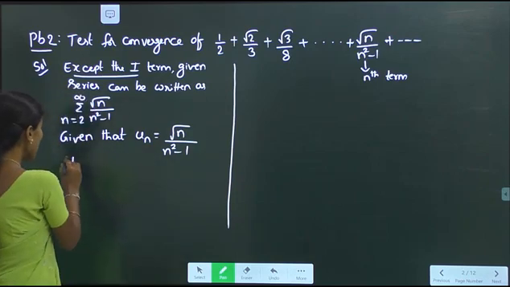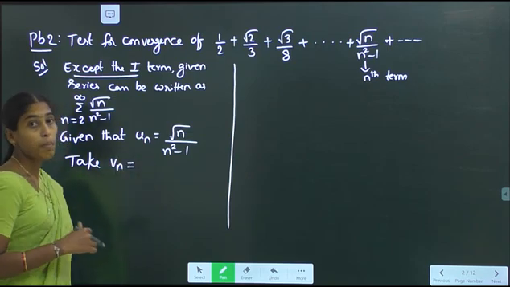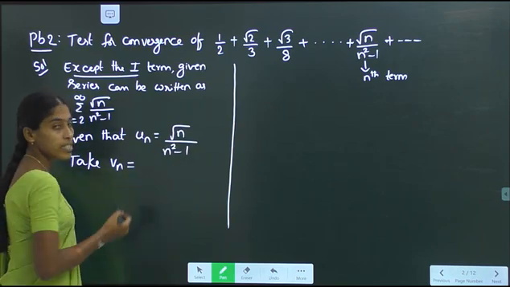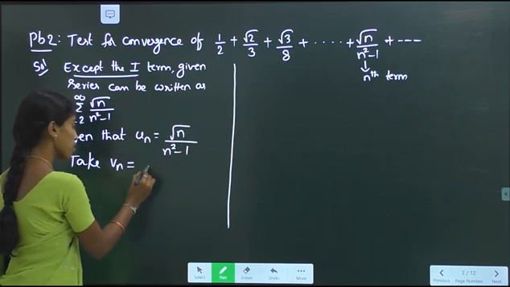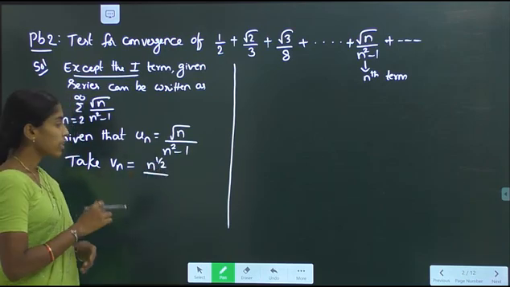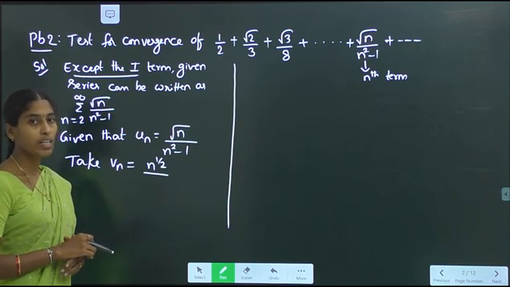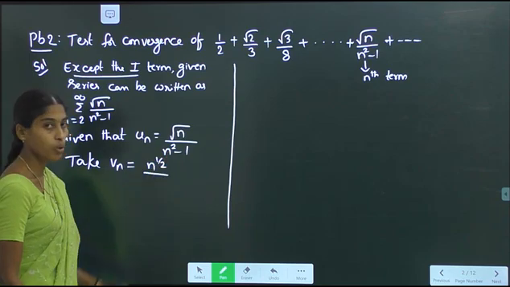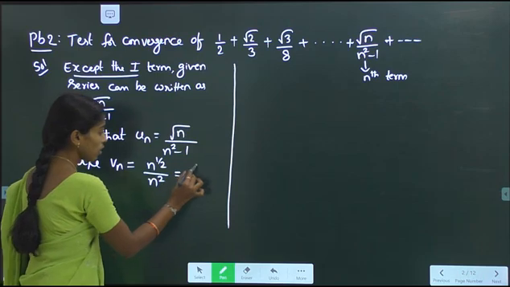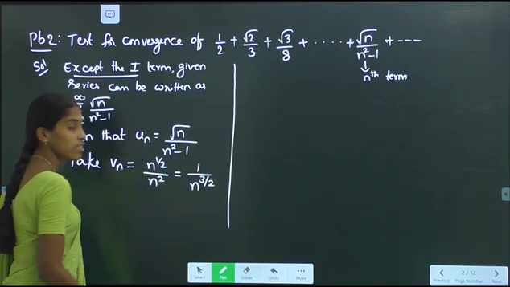So, how can we take Vn? Take Vn as the maximum degree of n available in the numerator. Here root n is there in the numerator. That means the maximum degree is 1 by 2. In the denominator also, the maximum degree of n available is 2. So, the corresponding term is n square, right? So, we will get, after cancelling, 2 minus half, which is 3 by 2.